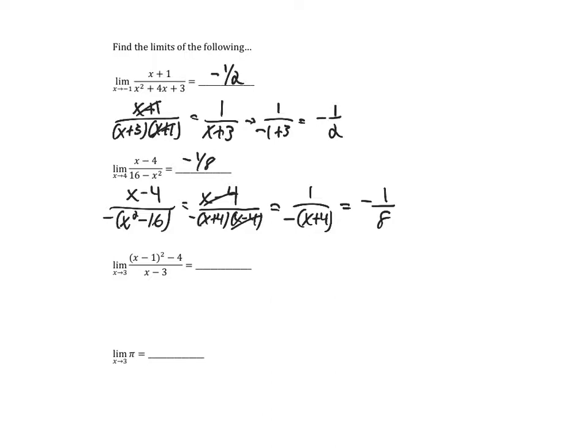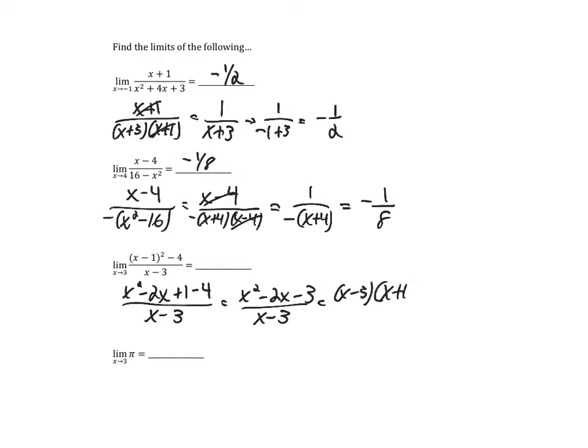Now number 3 is a little bit trickier because I really can't factor it. It's already factored. But notice, and maybe you guys tried this, if I FOIL out that x minus 1 squared into x squared minus 2x plus 1 minus 4 over x minus 3, and then combine, I get x squared minus 2x minus 3 over x minus 3, which factors to x minus 3, x plus 1 over x minus 3.